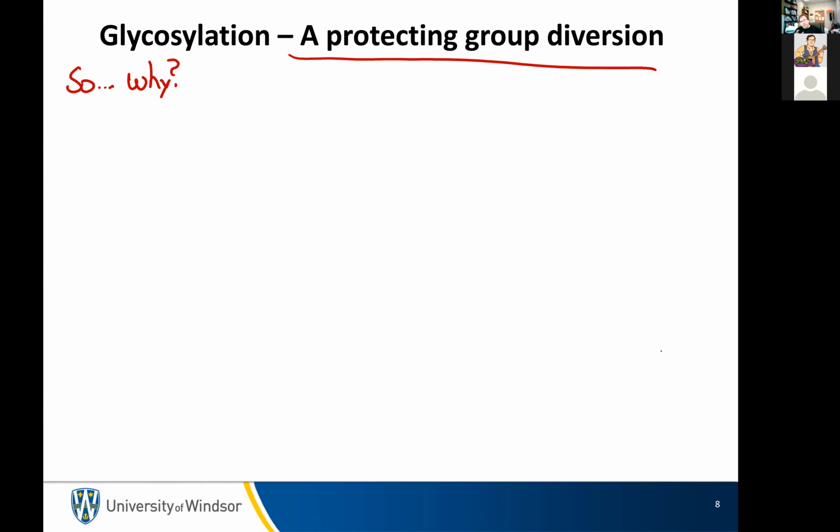So we have protecting groups. What is a protecting group? We've been talking about them, but what the hell are they? I think we discussed this in class number 1, but let's just revisit it. It's an inactive group.